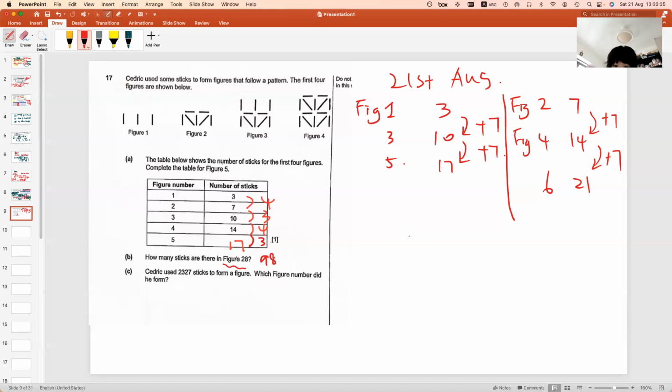And C, what figure? 665. Wow. Okay, sure, let's look at the question together.